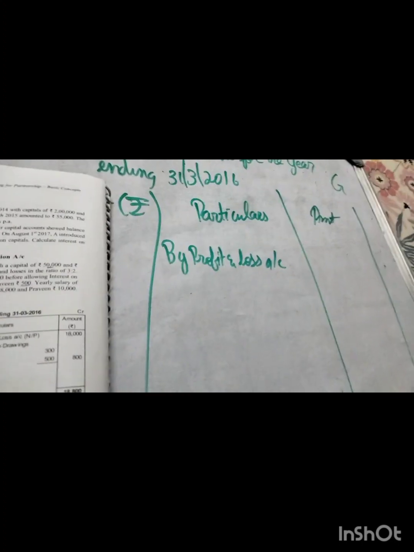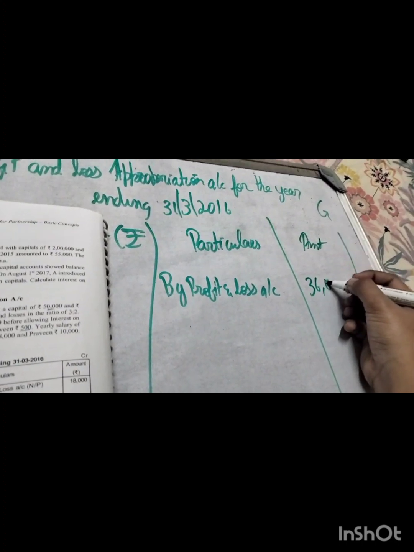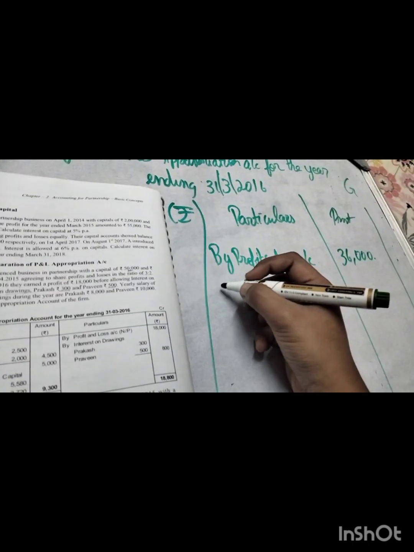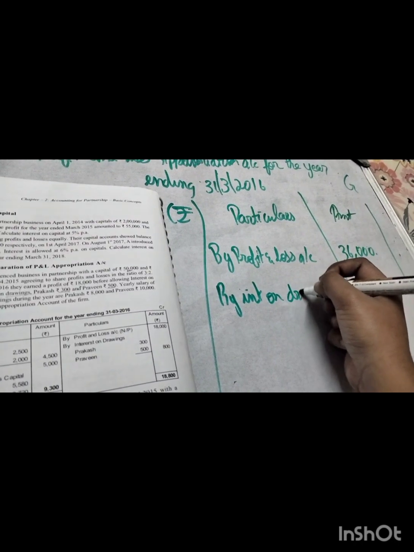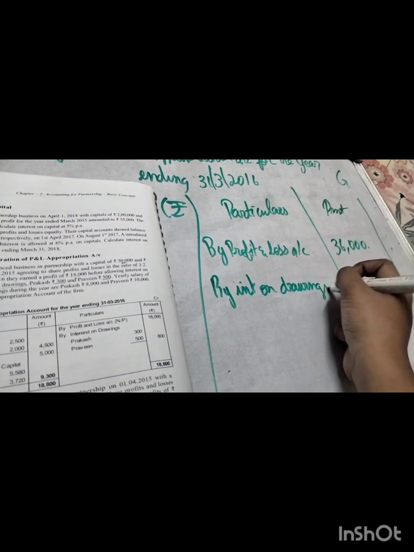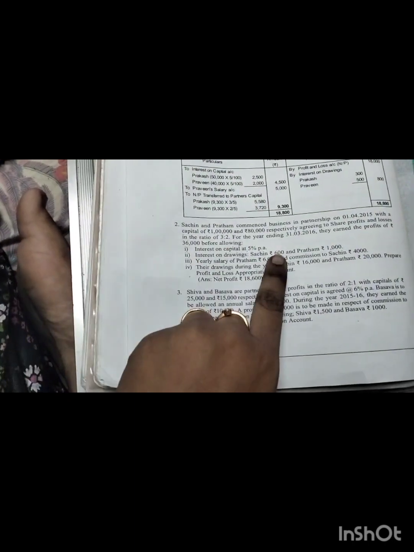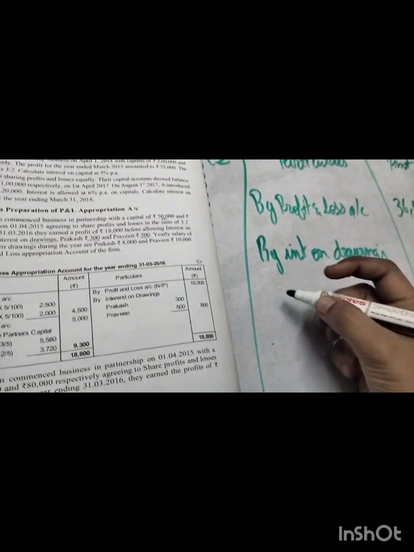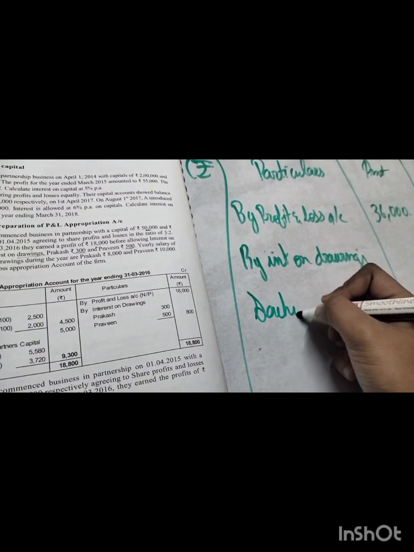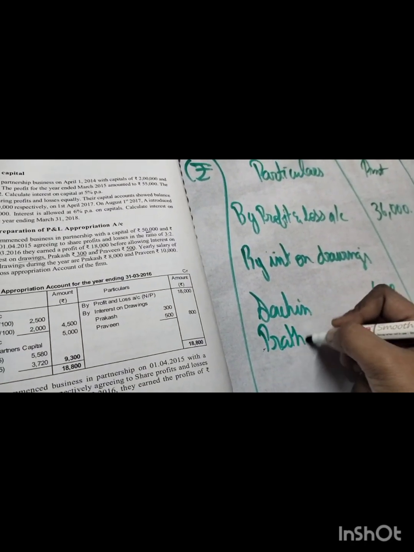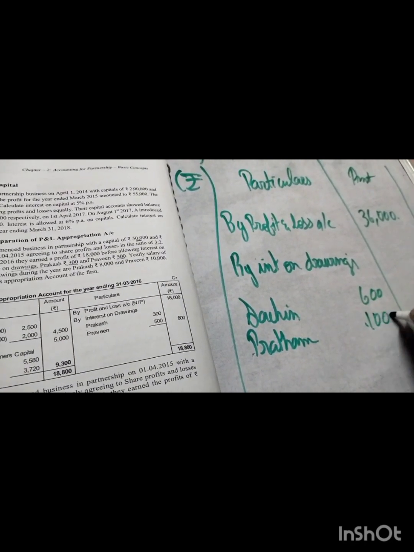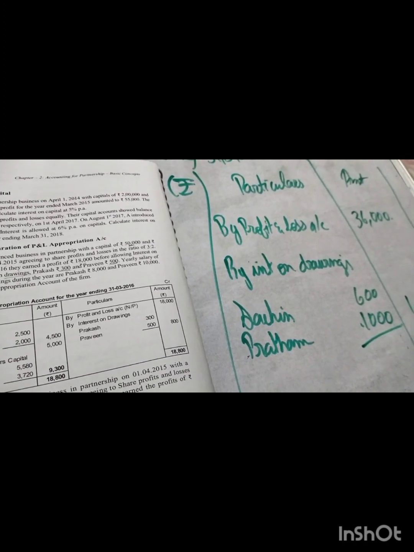So by profit and loss account, profit is 36,000. Next is going to be by interest on drawings. Interest on drawings, Sachin ₹600 and Pratham ₹1,000. So you write that down. Sachin 600, Pratham is 1,000. So you add these two, you get 1,600.